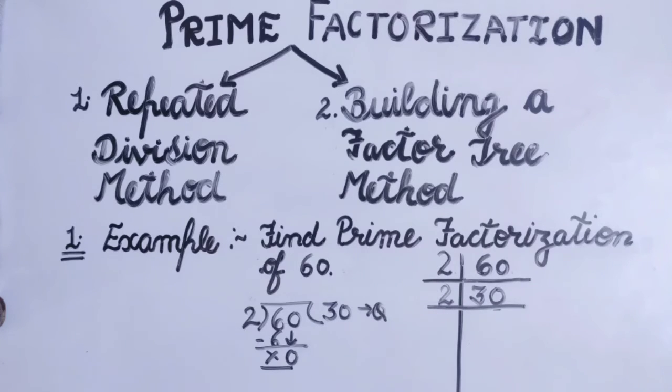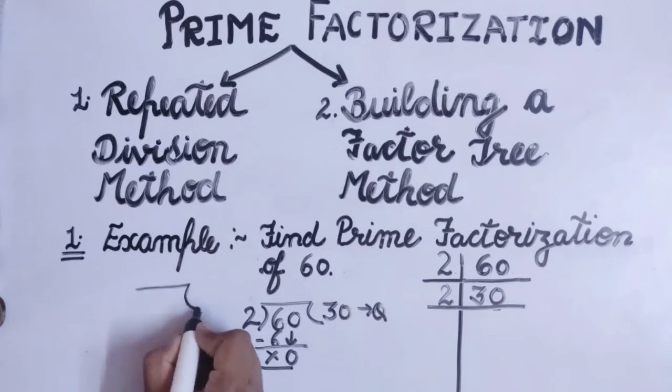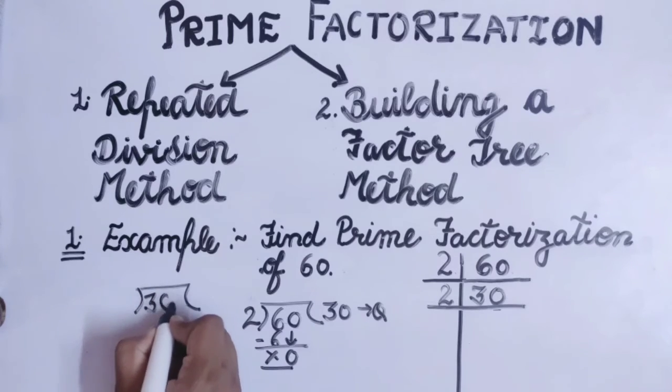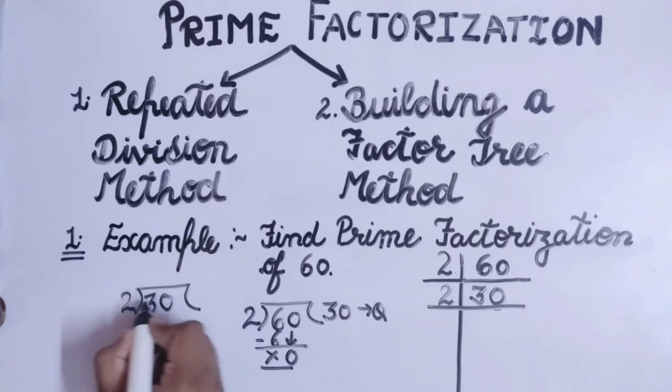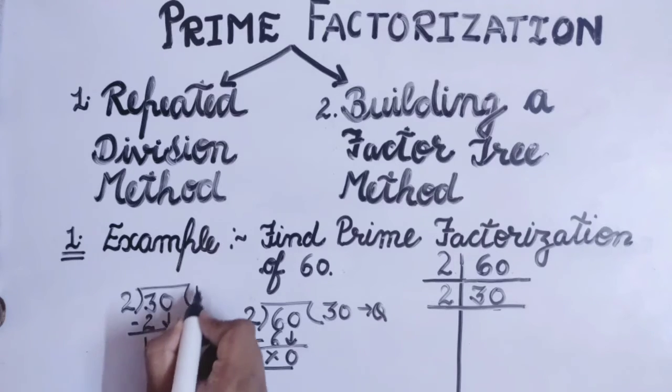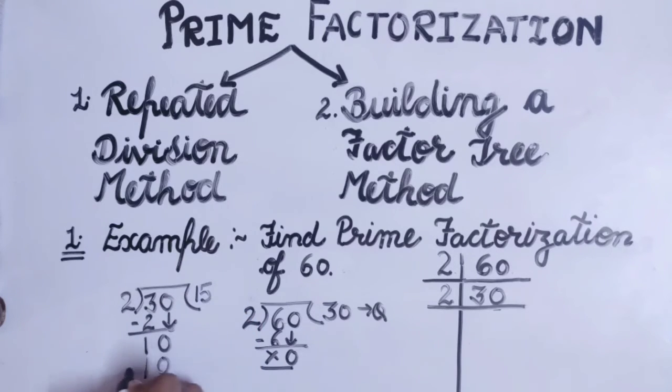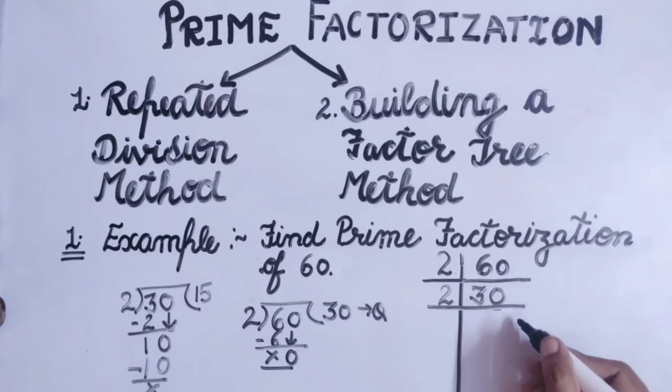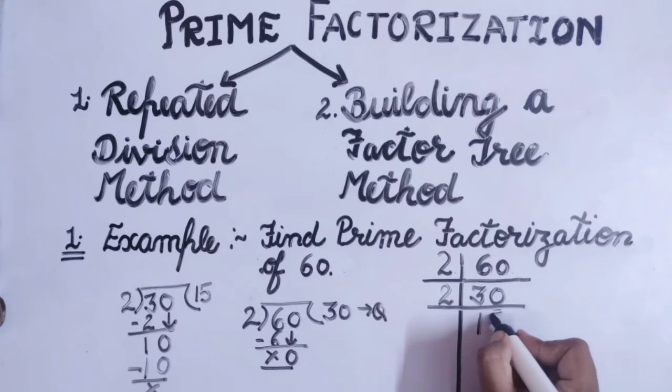If we divide 30 by 2, what answer do we get? 2 1s are 2. 2 5s are 10. So the answer is 15. I told you we have to write the quotient below the dividend, so I have written it here.